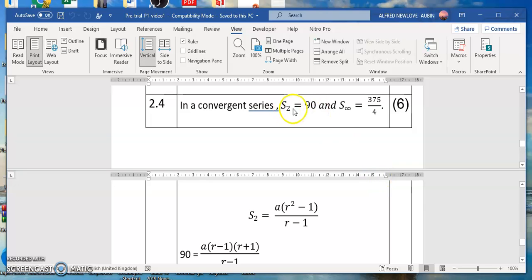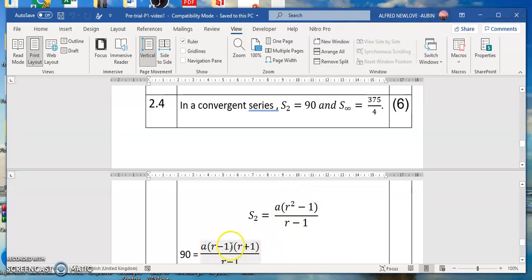Then, since the sum of the first two terms is 90, you substitute 90 for the sum of the first two terms. So this S2 is going to be 90. Then a, this is our a. But r squared minus 1 is the same as r squared minus 1 squared, and it's a difference of two squares.